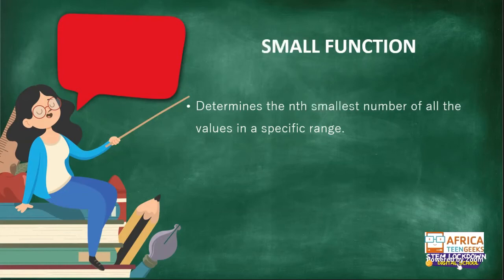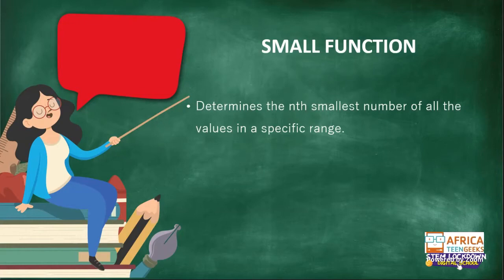The third function that we are having a look at today is what's known as the small function. Just like the large function, the small function determines the nth smallest number of all the values in a specific range. Very similar to the large function, it's just the opposite. Instead of looking for the biggest number, it now looks for the smallest number.